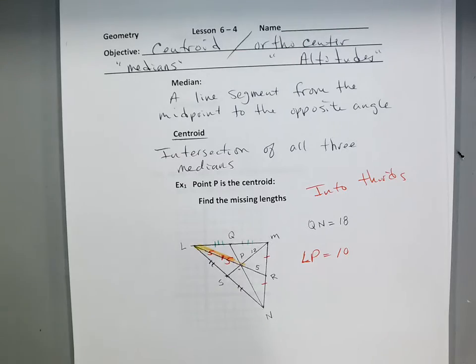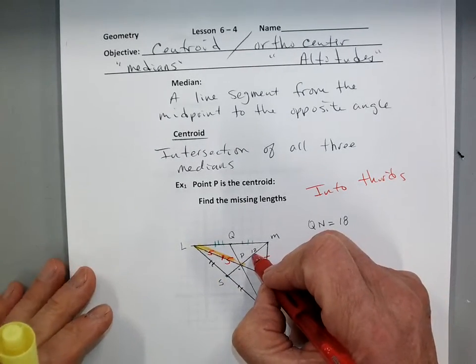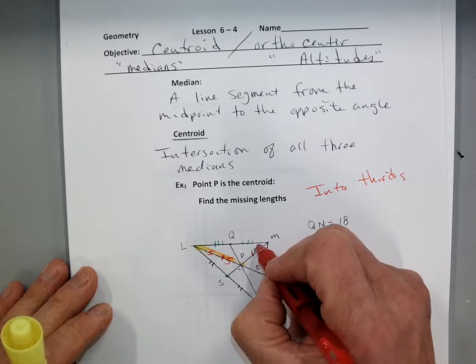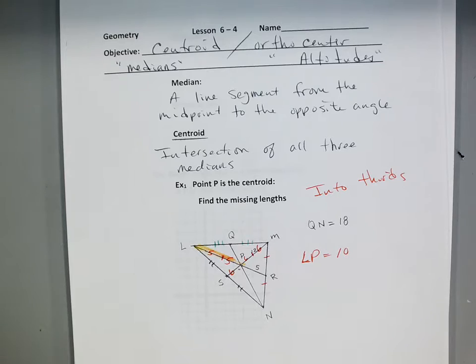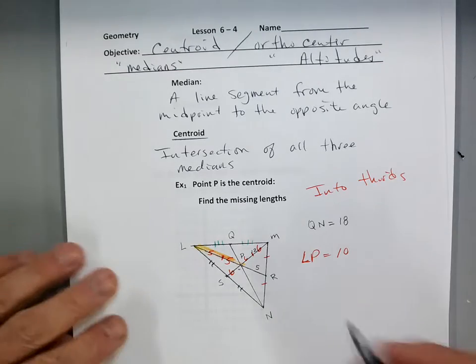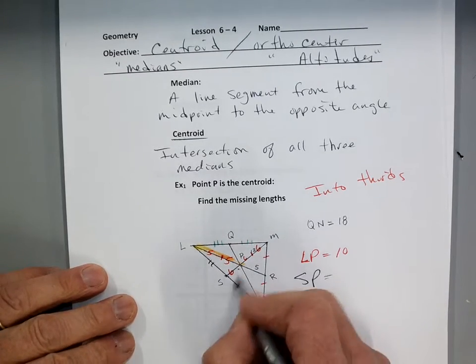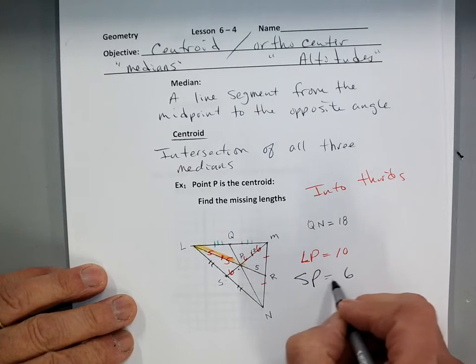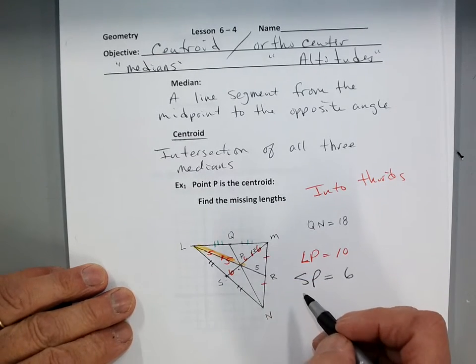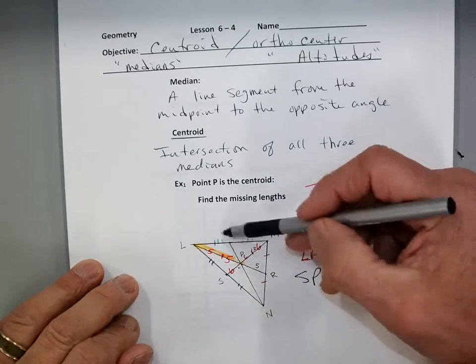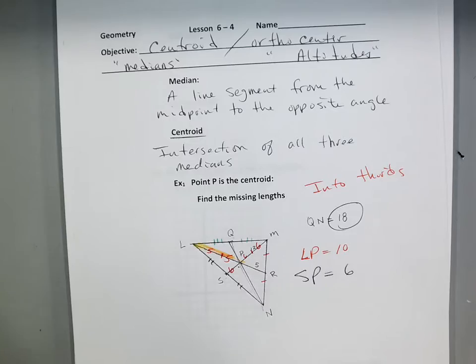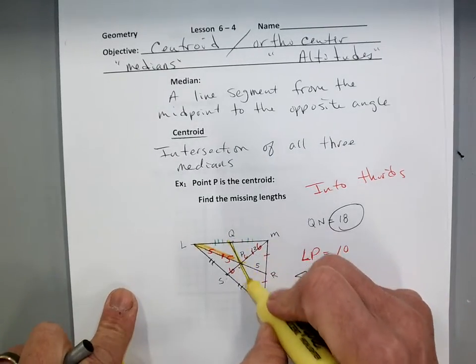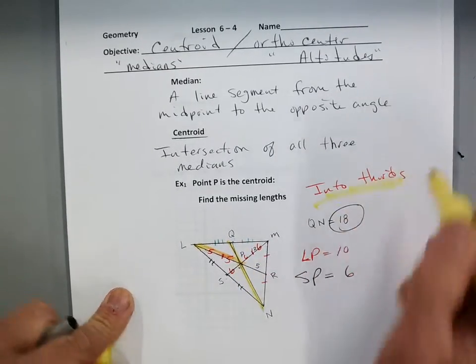Okay, I know this 12, this short piece, could have been cut into 6, so this could have been a 6, a 6, and a 6. So I know that SP could be 6. And finally, the whole length of this is 18, and I cut that into thirds.